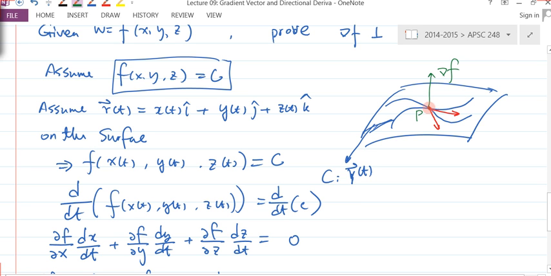So maybe you will have infinite tangent vectors at this location P. But you do have one thing that contains all the tangent vectors, which is a tangent plane, exactly. So you draw a tangent plane here.